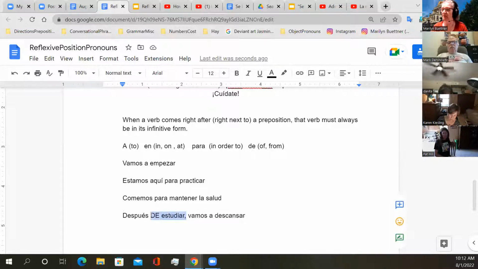Después de estudiar, because we've got that little word de in there and a verb right immediately after the preposition de, that must be an infinitive. So if I have a situation like this, a verb after para, a verb after de, and if it needs a little pronoun, it's going to have to tag on to the end.